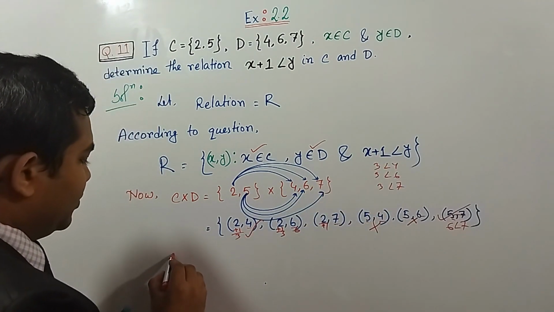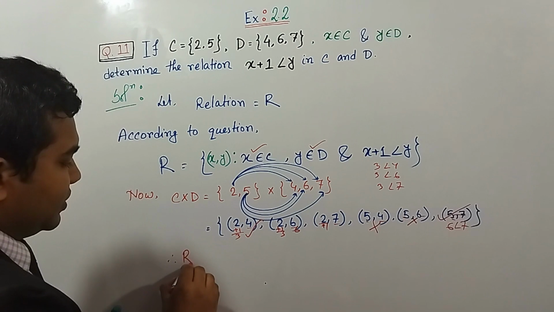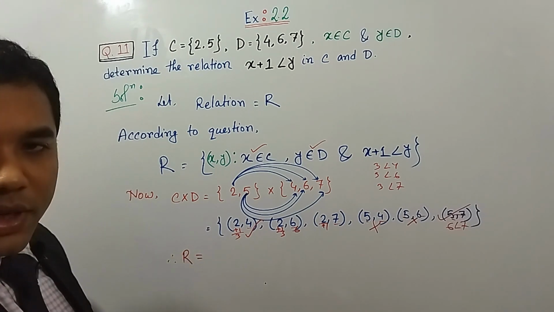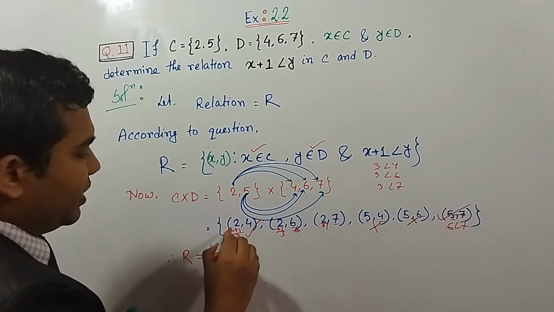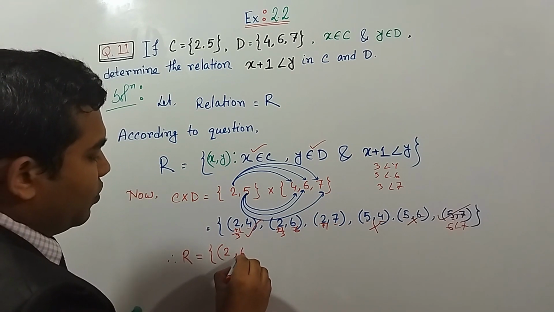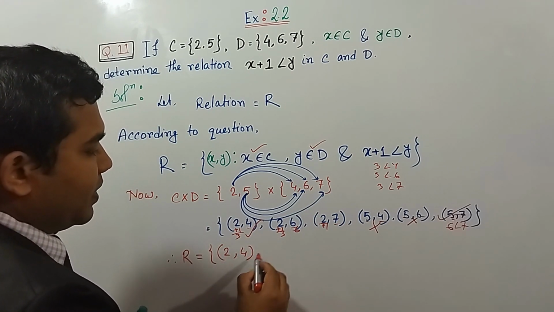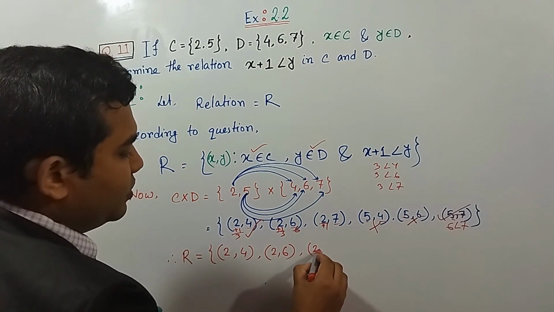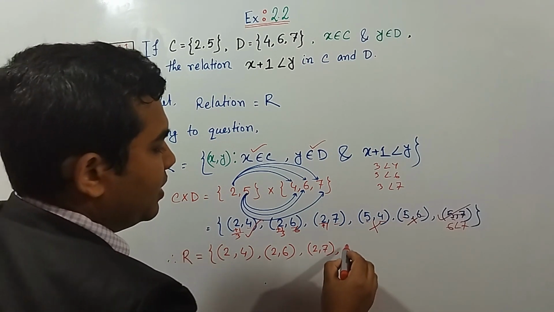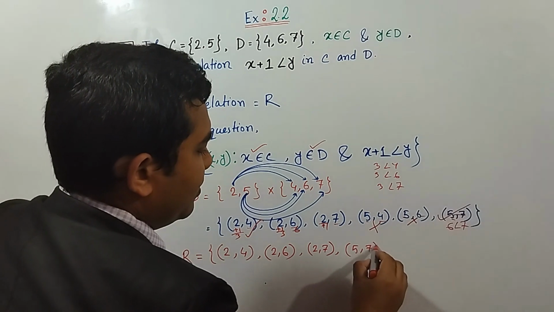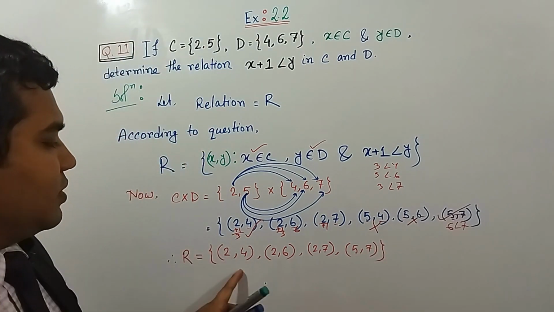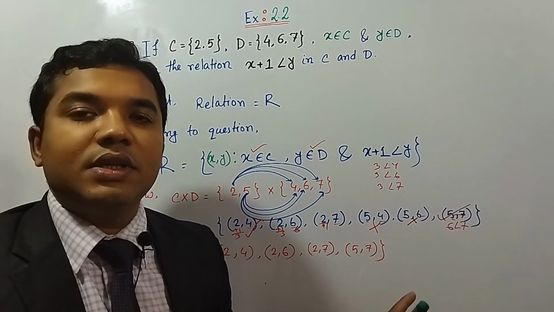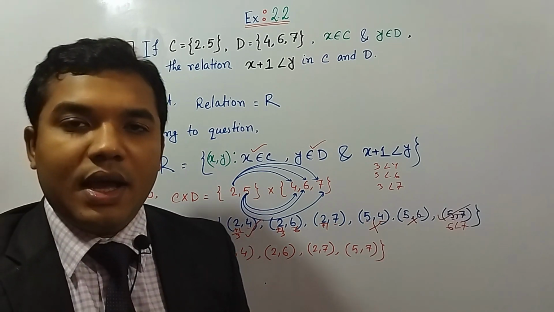So our required relation should be (2, 4), (2, 6), (2, 7) and (5, 7). These are the relations which are the answer.